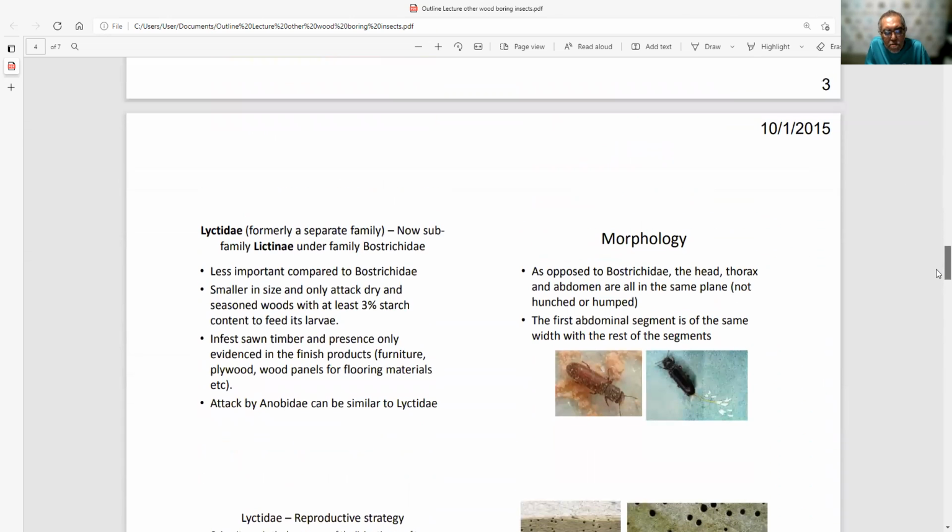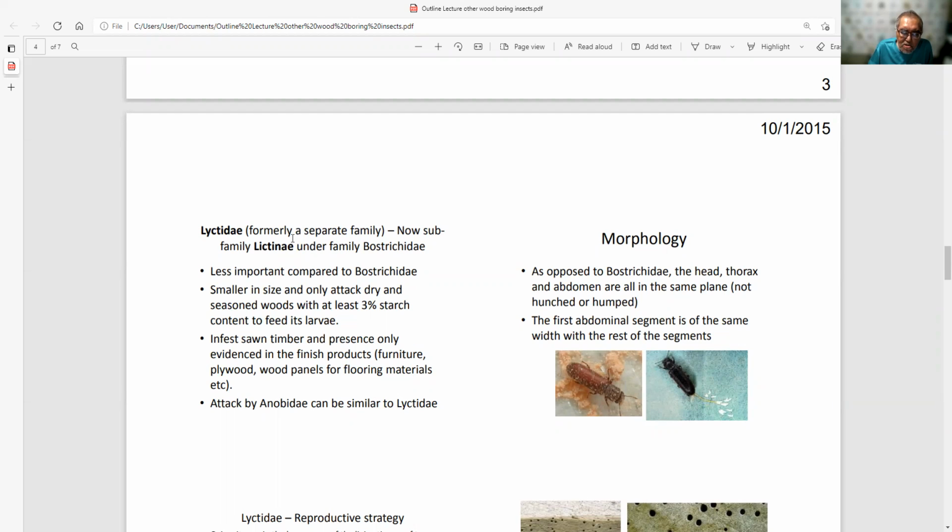Okay, Lictidae. Now there is a revision here, but we don't have to pay too much attention to it. Lictidae, which is a family, has now been assigned as a subfamily, Lictinae. One of the things that taxonomists are fond of doing is revising and keep on revising.